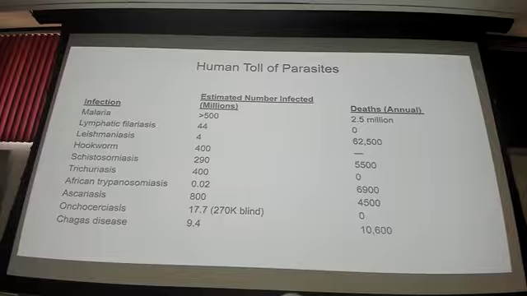But this is still probably the highest burden due to parasitic infection worldwide. 2.5 million deaths annually, and a good chunk of those deaths are in children. So it still remains a problem, something we've been investing a lot of money and resources in for a very, very long time.